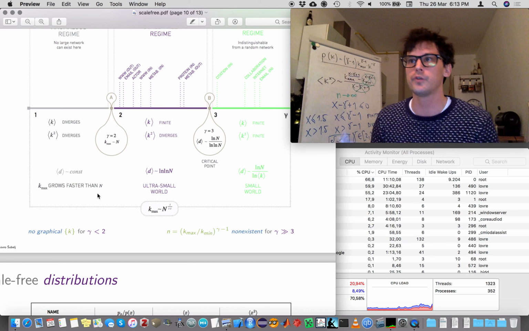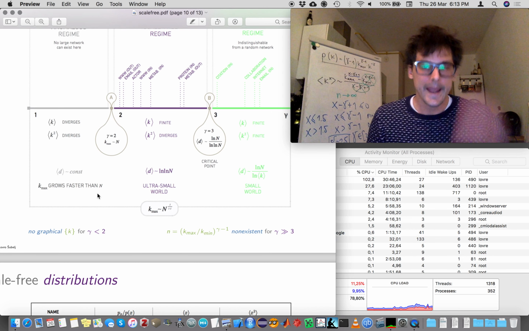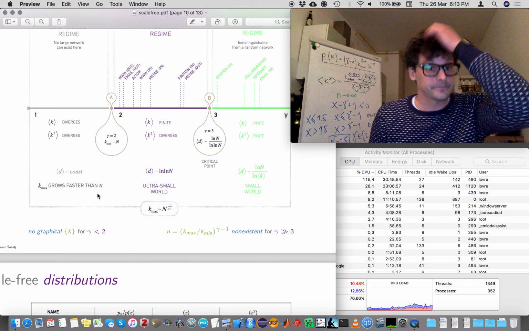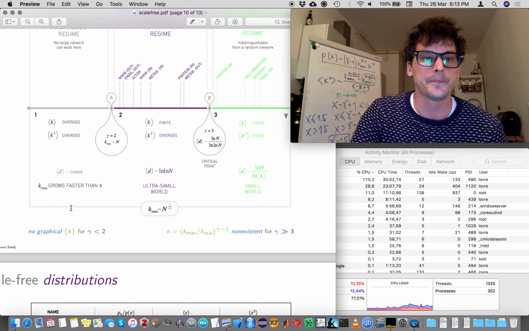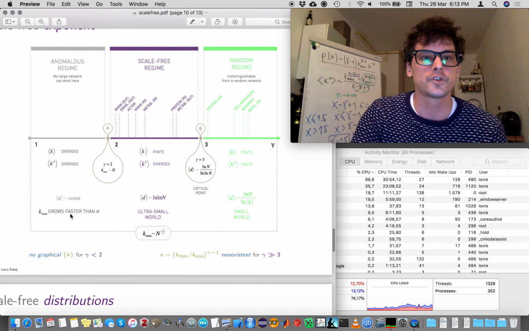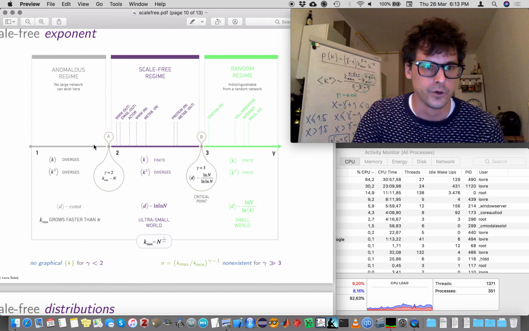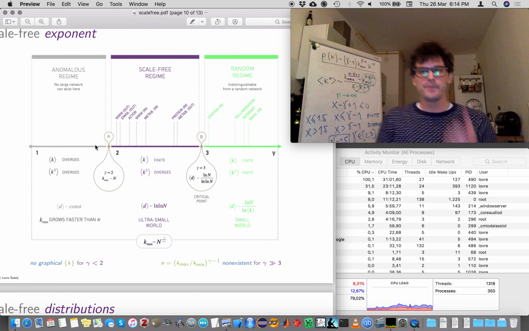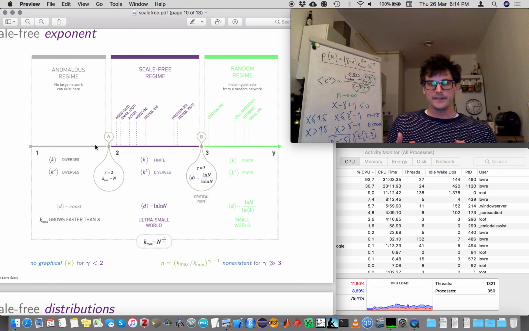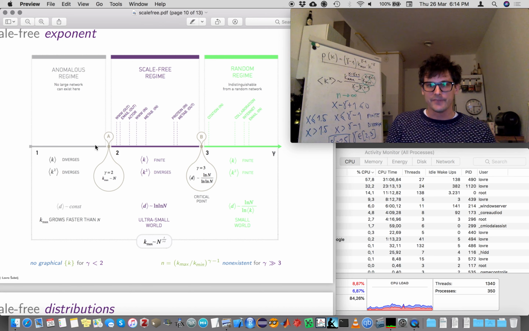You can only connect to at most n minus 1 nodes. And also, you can check this: generate power law distributions with exponent between 1 and 2, sample the values out of that, which will be your degrees, and then try to construct a network with that kind of degree sequence.